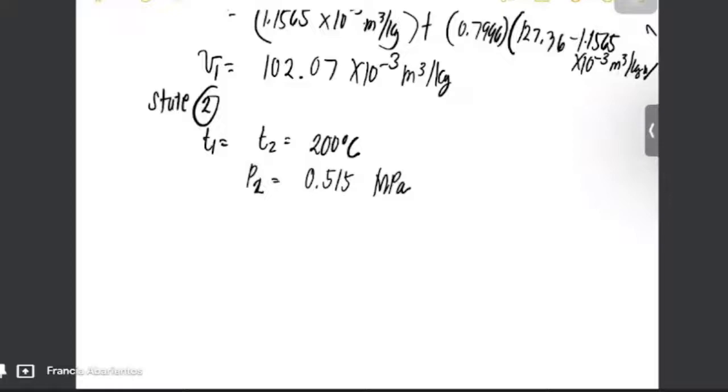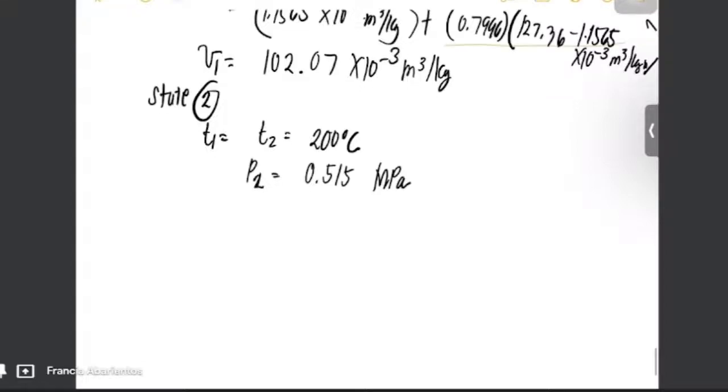Diba? Ang magiging reference natin, class, is 0.515. So, paano mo mako-consider to, class? So, basta, class, constant yung temperature natin, ha?